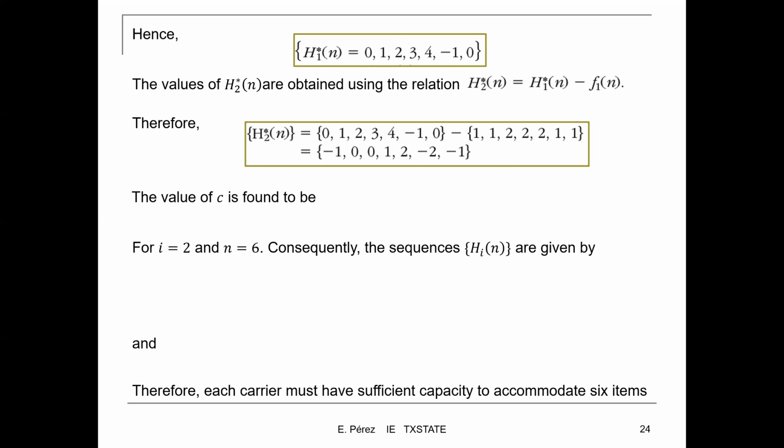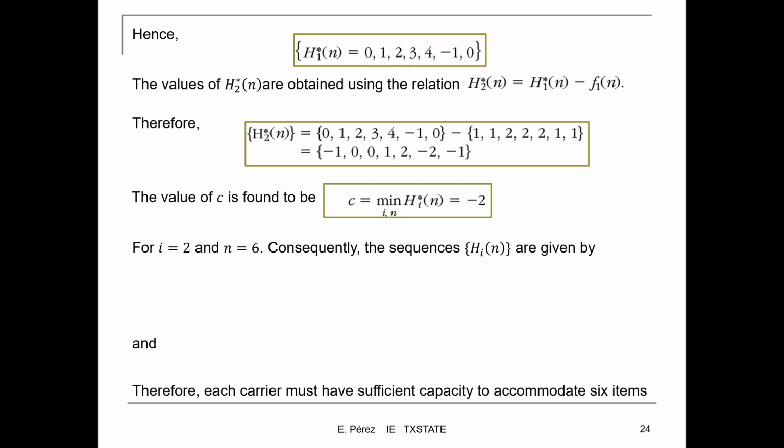The value of Z is found to be the minimum of that set. Okay, so Z equals minus 2 for I equals 2 and N equals 6.